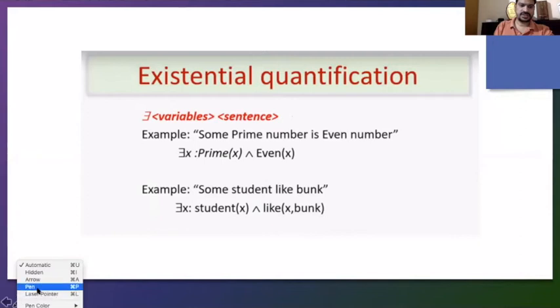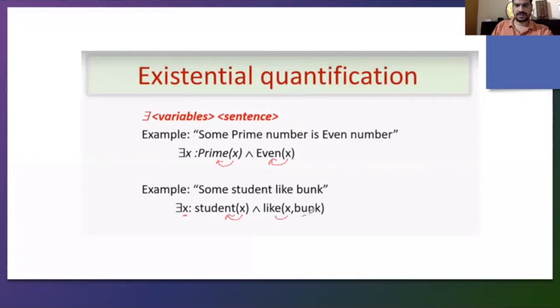Some prime number is even: for some x, x is a prime and x is even. Some students like bunk: for some x, x is a student and x likes bunk.